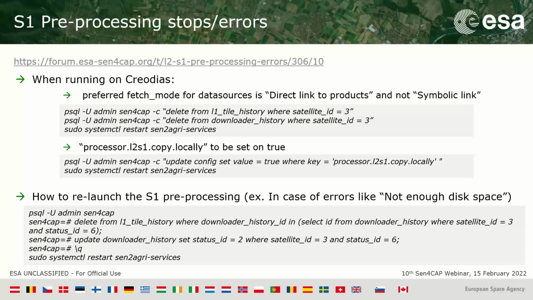To do that, there are some commands that should be executed manually, unfortunately, on the command line of the system. But these actually apply also to the MAJA processing errors from the same reason, by setting the satellite ID to 1 instead of 3.